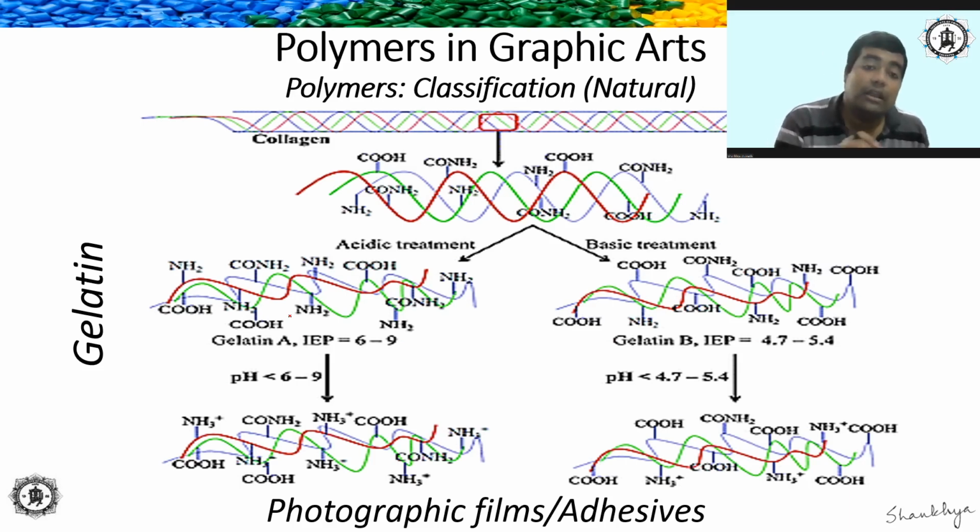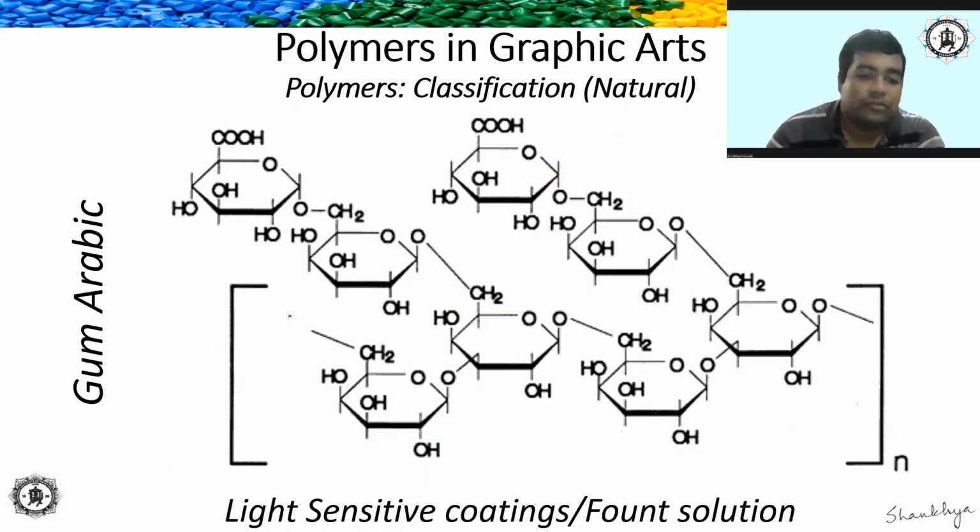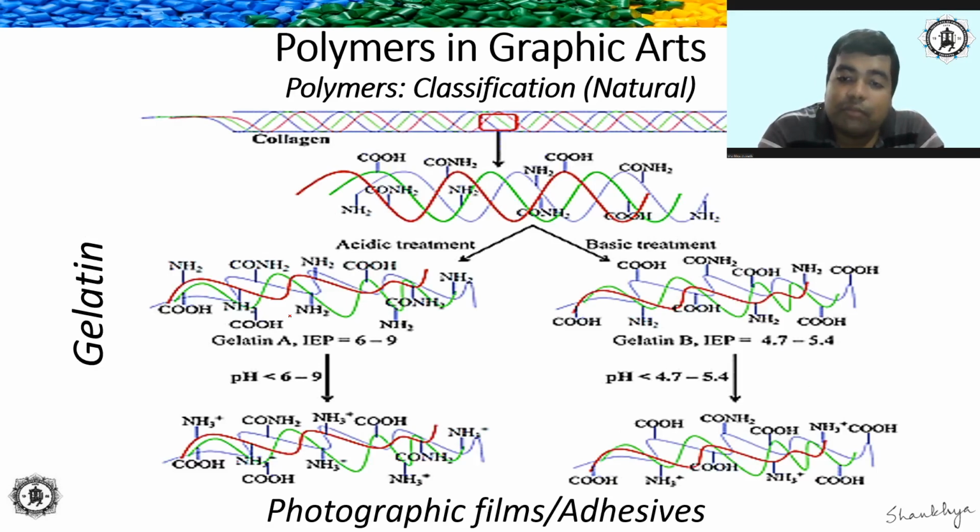When it has been acidified and then finally heated with water, the collagen passes into the gel form. What is interesting is that the isoelectric point for gelatin, as you remember from our discussion on colloids, is 4.7.